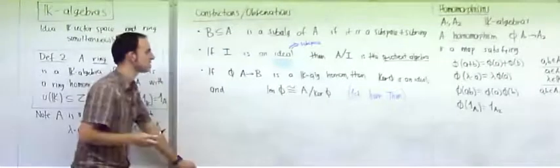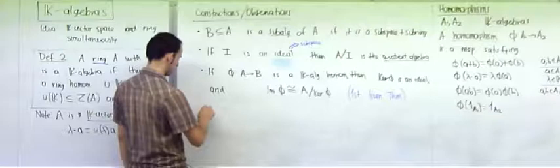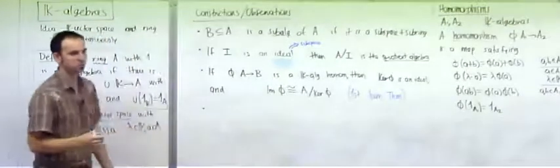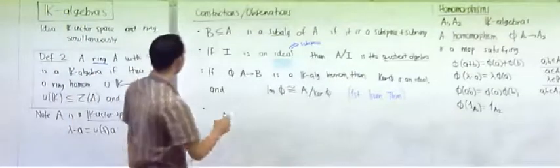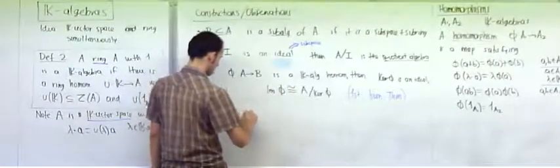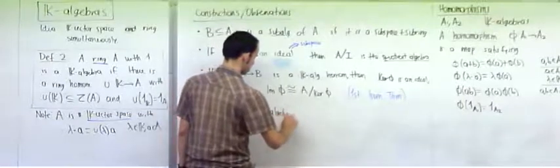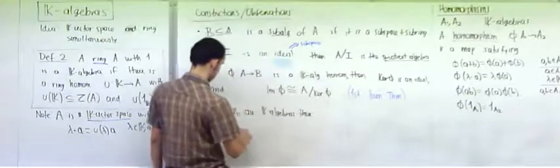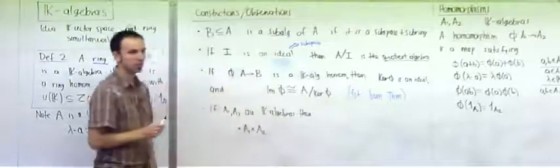Okay, so we take quotients. What else should we do? Well, another kind of construction that we like to do is direct products. If A1 and A2 are K algebras, then the direct product is also a K algebra.